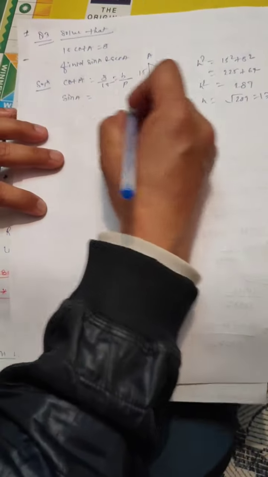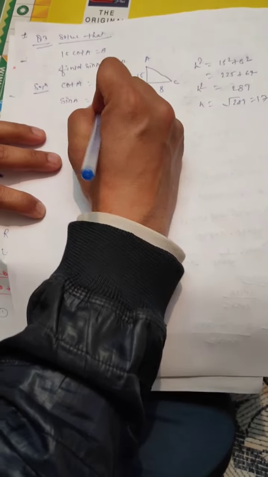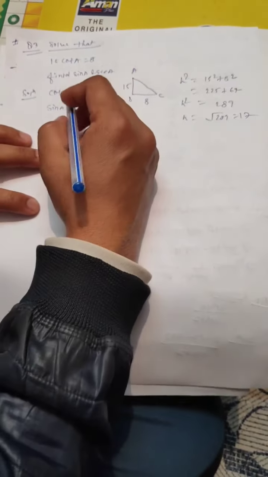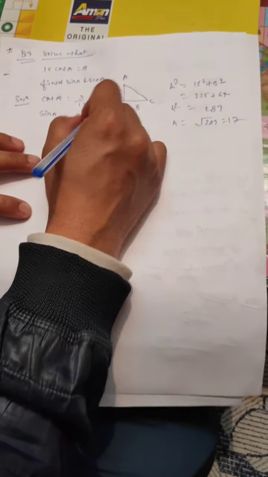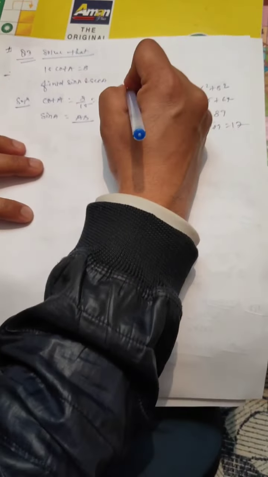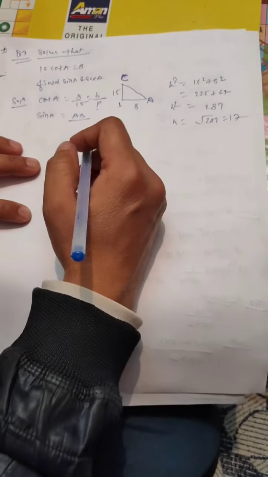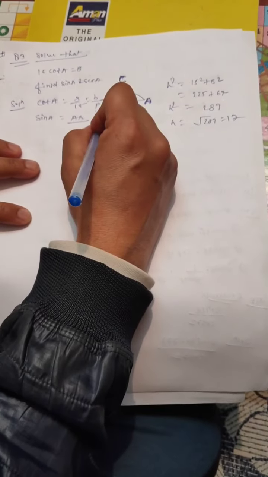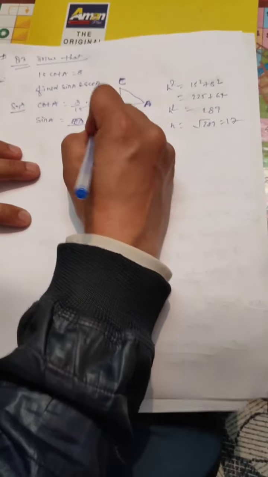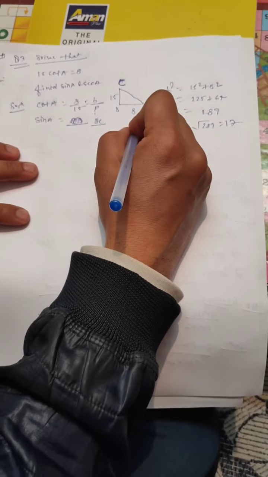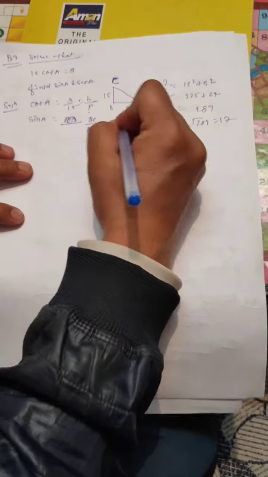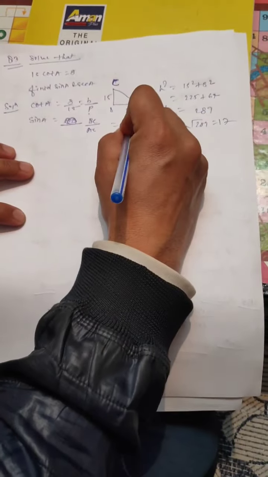Sin A equals perpendicular upon hypotenuse, that is BC upon AC, which equals 15 by 17.